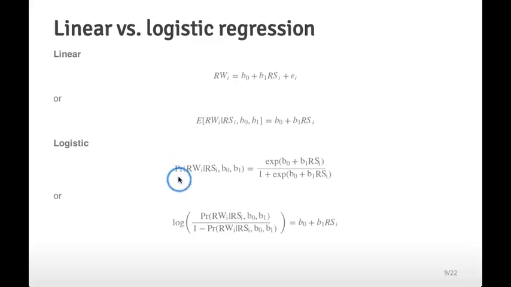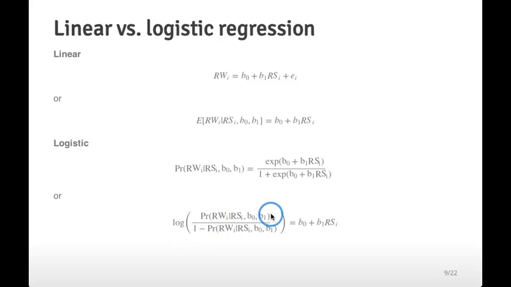In a logistic regression, we do it just a little bit differently. What we do is we model the probability of a Ravens win. So instead of looking at the Ravens win itself, we look at this probability, and we model that as this function. It's a little bit funky. We say e to the B0 plus B1 times Ravens score divided by 1 plus e to the same quantity. The reason why we use this funky function is that if you do a little algebra, what you end up with on the left-hand side of this equation is the log odds, right?